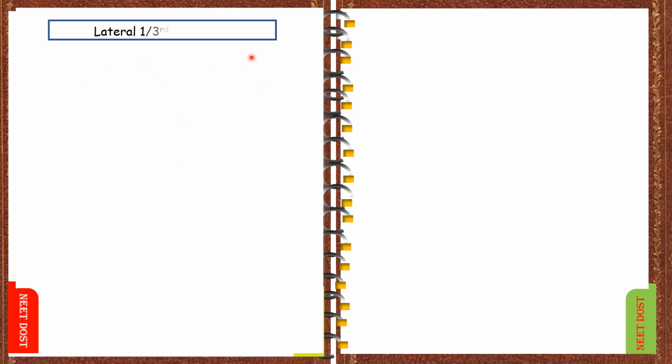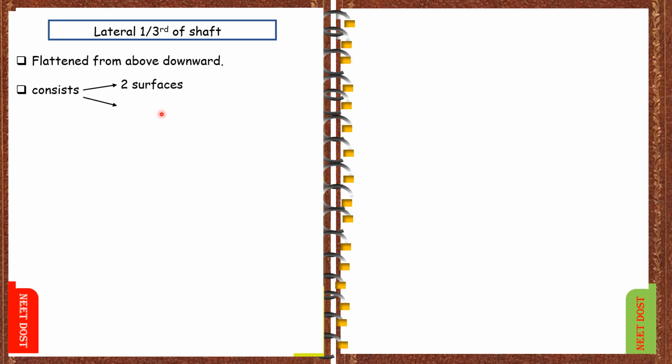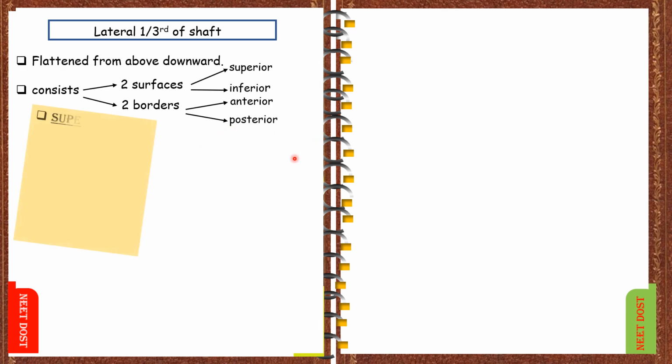Now let us discuss the lateral 1/3 of the shaft. It is flattened from above downward. It consists of two surfaces and two borders; the two surfaces are the superior surface and inferior surface, whereas the borders are the anterior border and the posterior border.